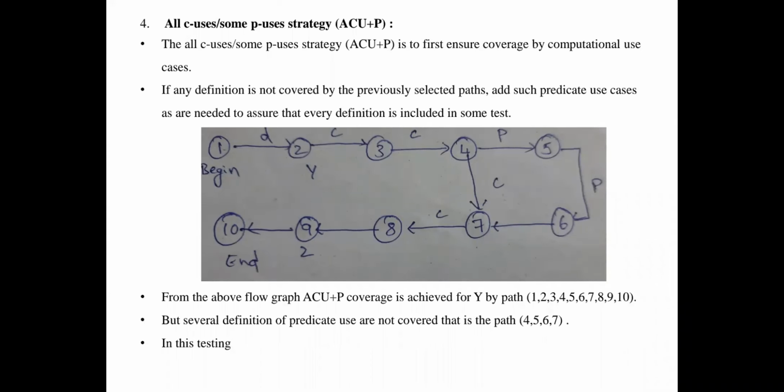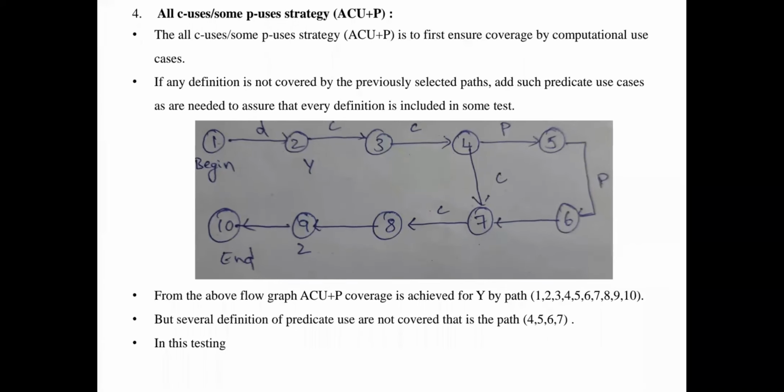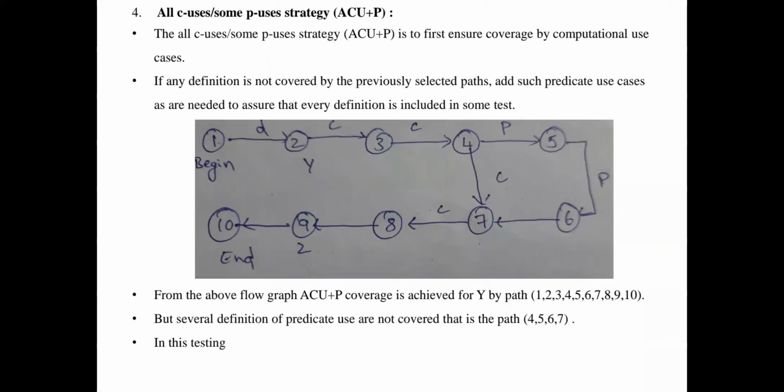So see the particular diagram here. We have some path with nodes called 1 to 10. For this, we have the definition link followed by the predicate links. So from 1 to 10, we contain definition links as well as computation links and predication. No problem. For example, we are not counting the path 4, 5, 6, 7.